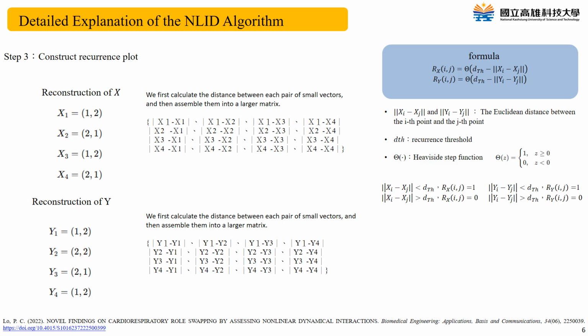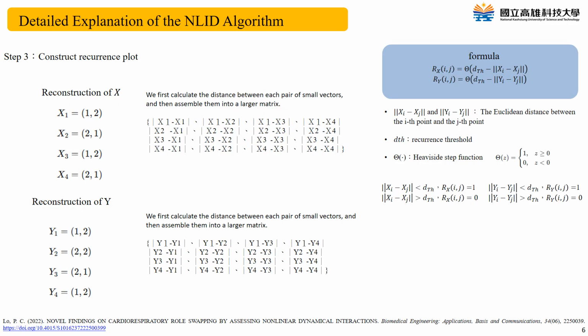In step 3, we construct the recurrence plot. After reconstructing the original signals into phase space vectors, we compare every pair of points. More specifically, we calculate the Euclidean distance between the ith point and the jth point, and arrange all these distances into a matrix. Then, we compare each distance with the recurrence threshold.